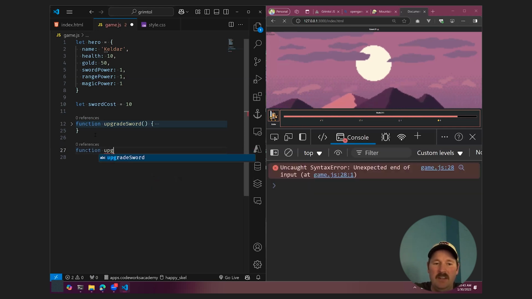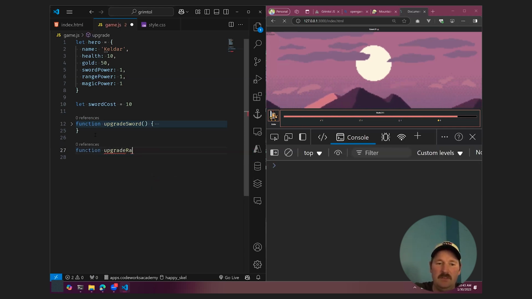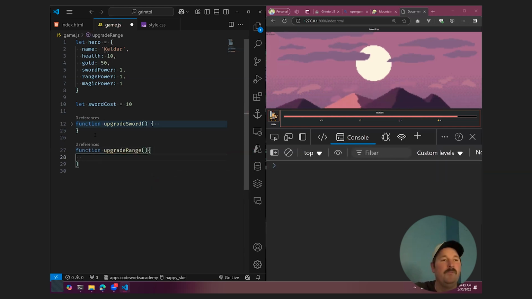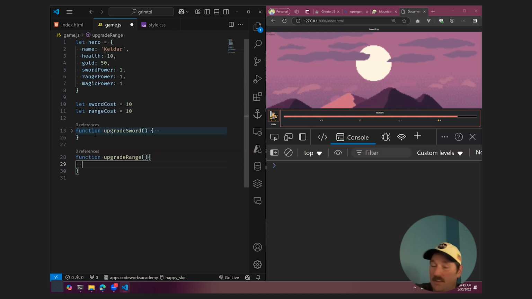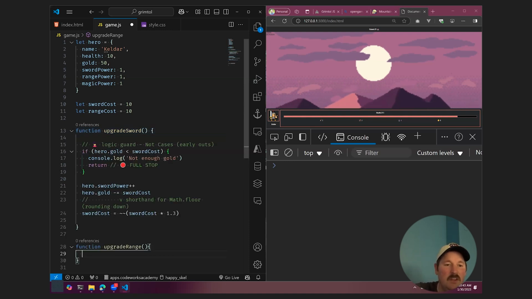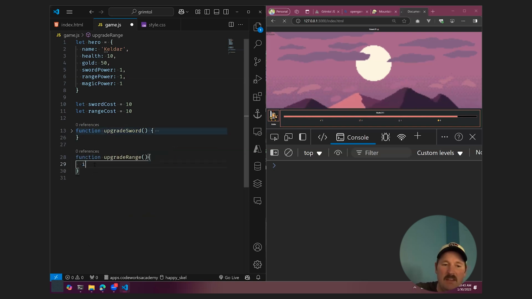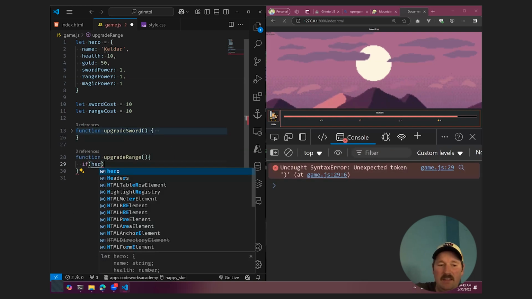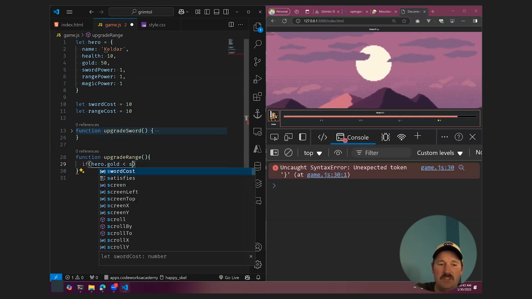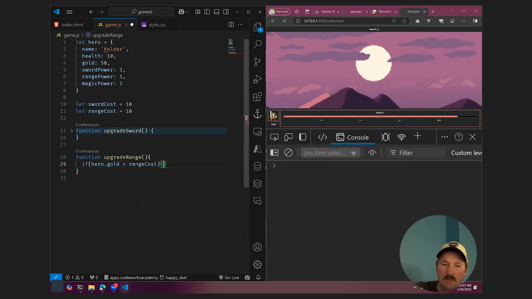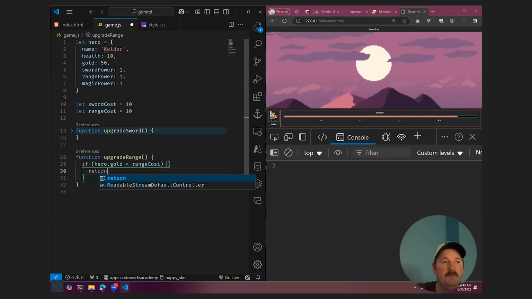Function upgradeRange. We probably want to do something very similar. Call this our range cost. And then we will essentially do the exact same thing. So we're going to say if my hero.gold is less than my range cost, return, right?